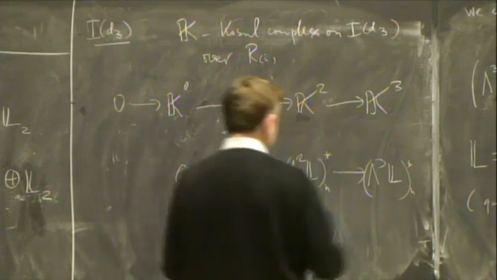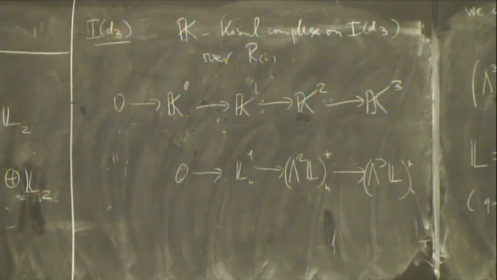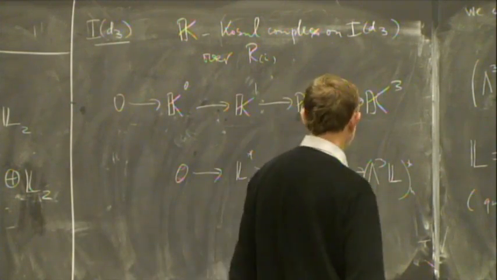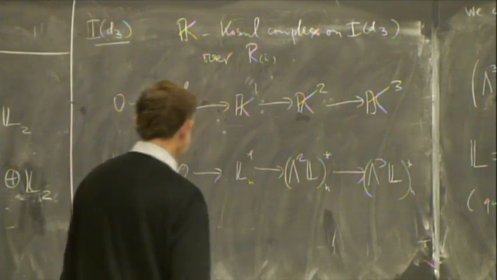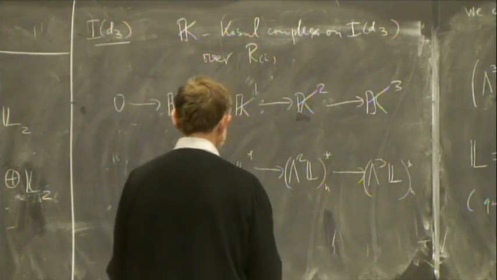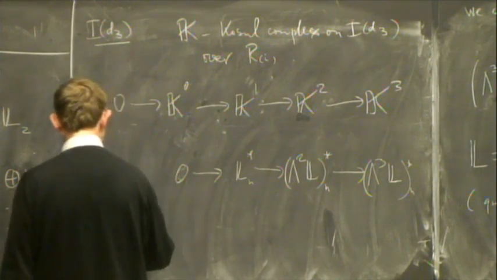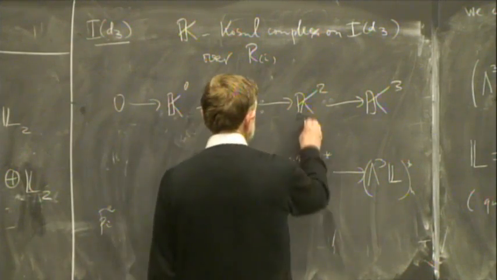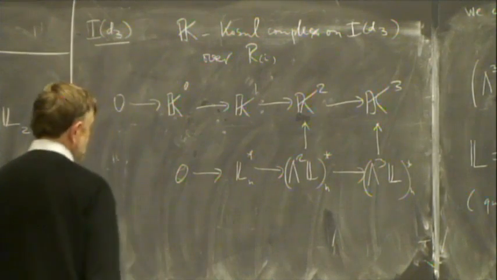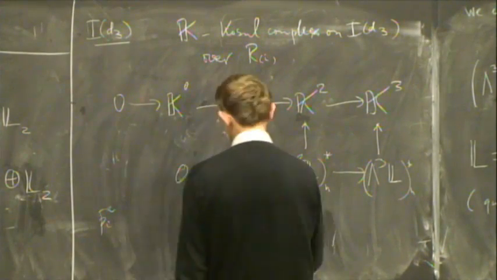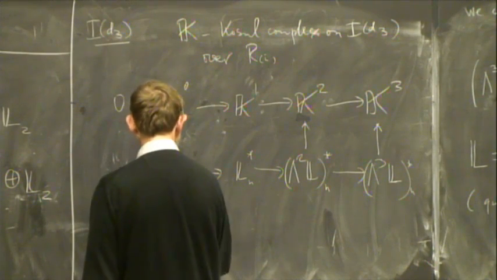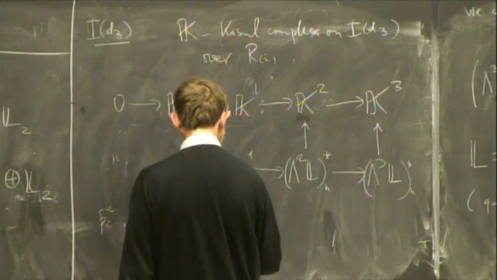Now I have to change my cycles, because P1 and P2 were killing cycles in this companion complex F, but I can find similar cycles which sit in the corresponding place in the Koszul complex. So I have the cycles Pi tilde, going from my Li star to my K1.